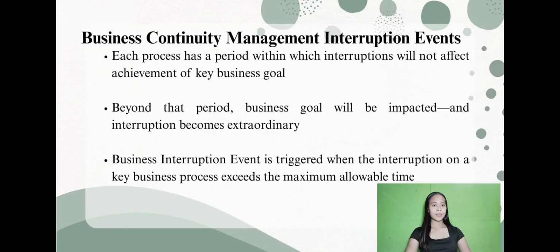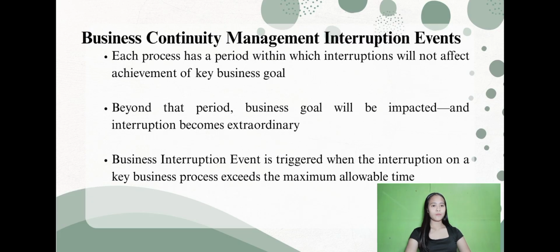Each process has a period within which interruptions will not affect achievement of key business goal. So every business process has a certain time limit where it can stop functioning without causing serious damage to the company.